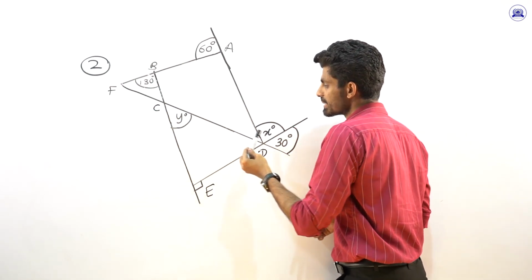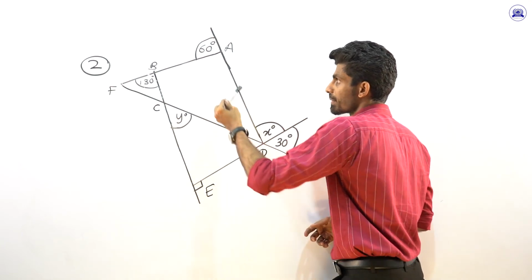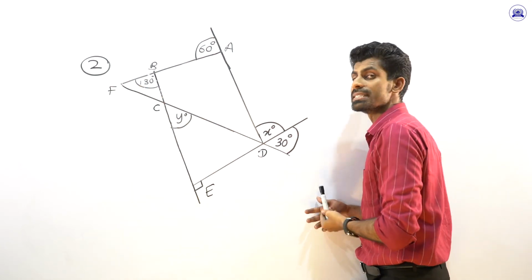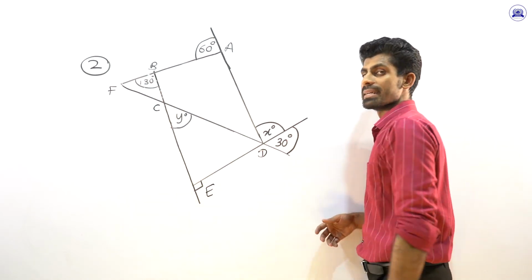There is a quadrilateral here, and many triangles. ABED is a quadrilateral, and ABCD is also a quadrilateral.